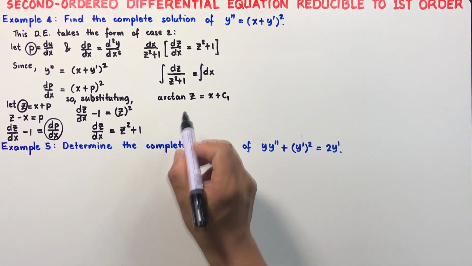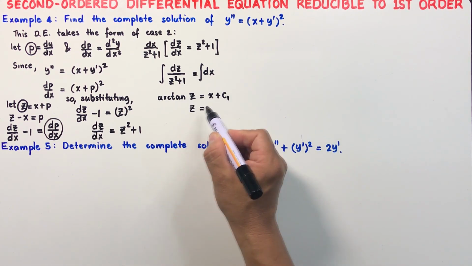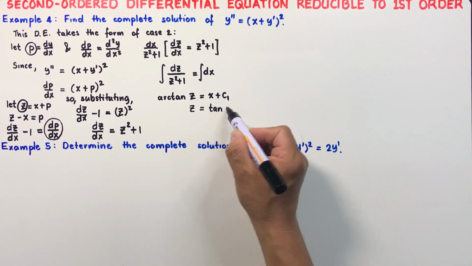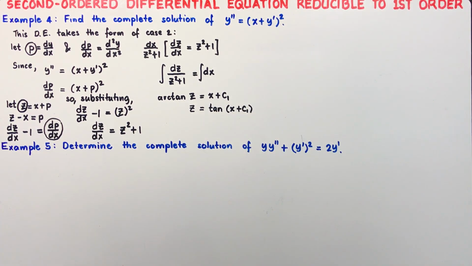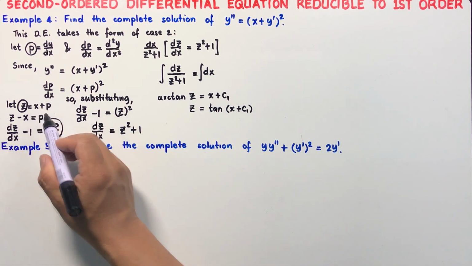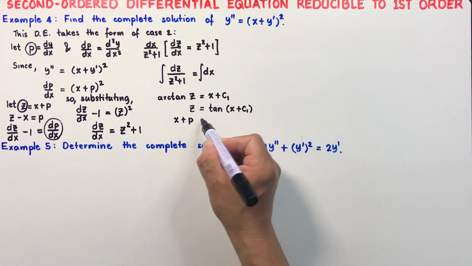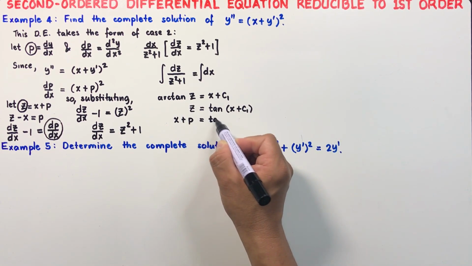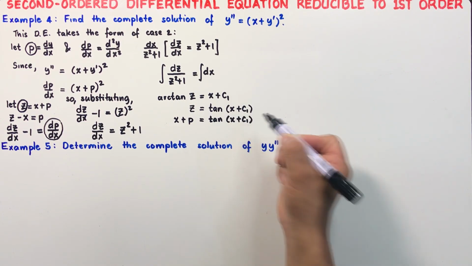So taking tangent of both sides of the equation, we have z equal to tangent of x plus c sub 1. And we know that our z is x plus p. So x plus p is equal to the tangent of x plus c sub 1.